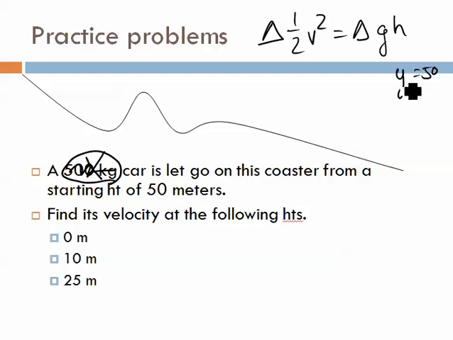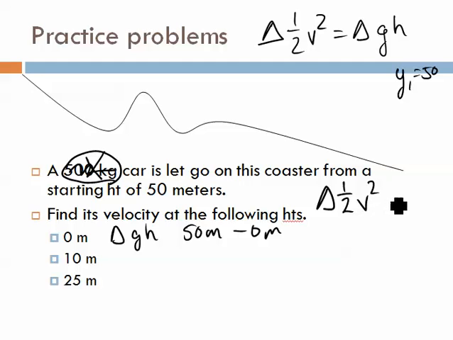So now, the change in gh is when it goes from 50 meters to 0 meters. So let's set up our equation. The change in velocity here is equal to the change in gravity times height.